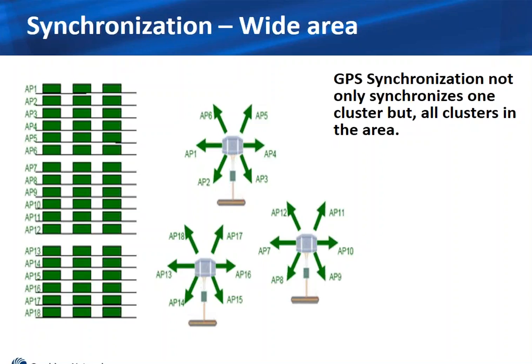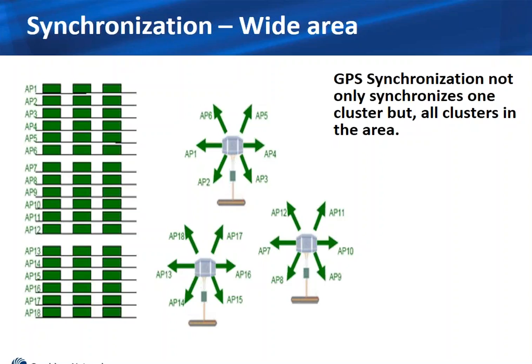That very precise timing pulse is what we can use not only at a single site to synchronize all the access points co-located on a single tower or structure, but across a whole neighborhood of sites, or a whole federation of sites, as the term is sometimes used. So you can see that not only is a single site's transmit and receive duty cycle synchronized, but across your network you can ensure that you're not interfering with other nearby towers that can hear each other.